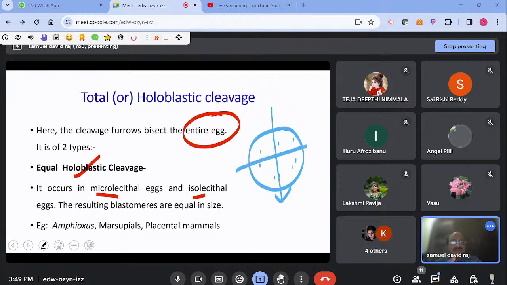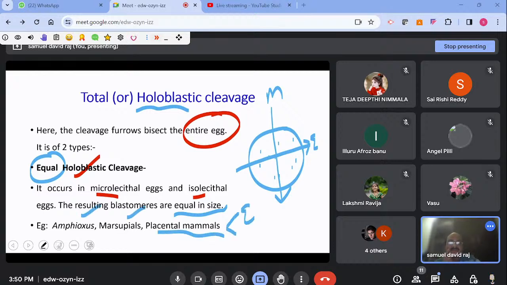The second division is meridional, the third is equatorial, so that the resulting cells are all equal in size. When the division is holoblastic equal, examples are Amphioxus, marsupials, and placental mammals, that means metatherians and eutherians like us.